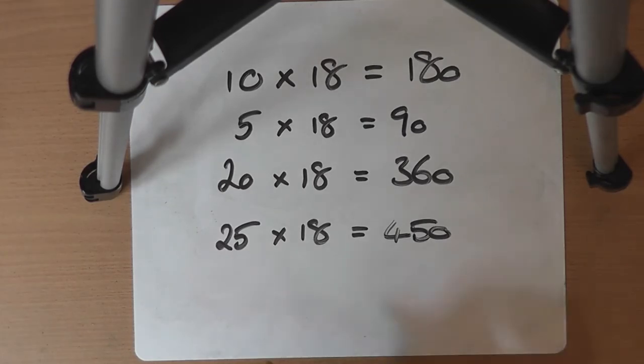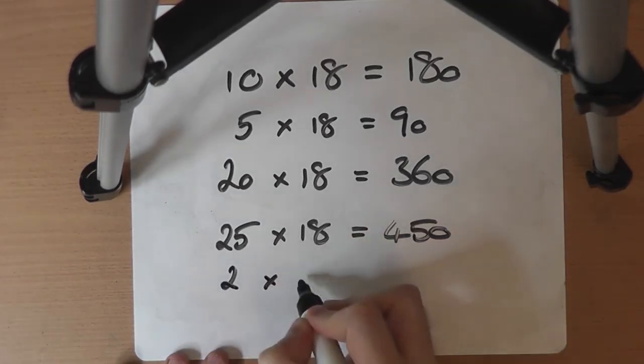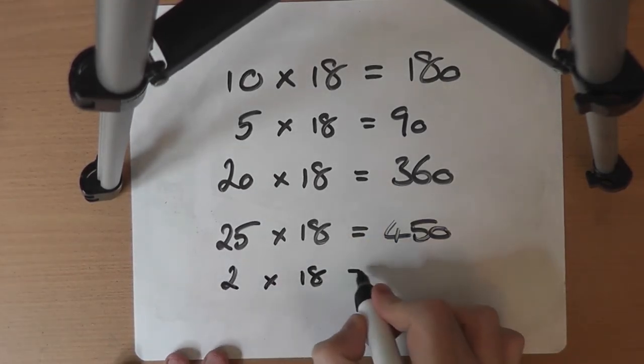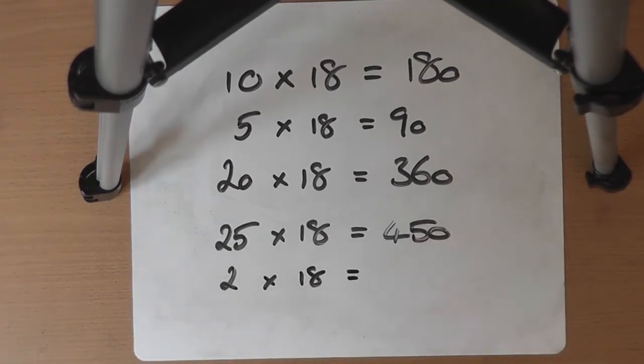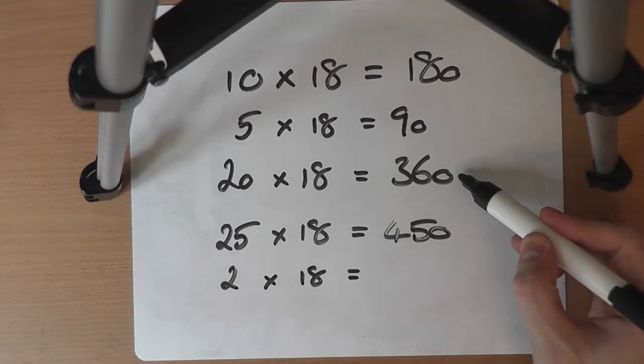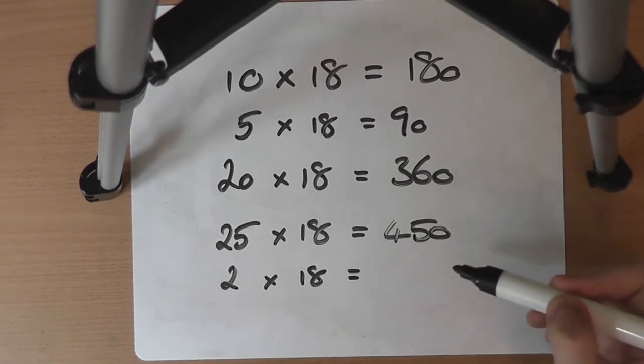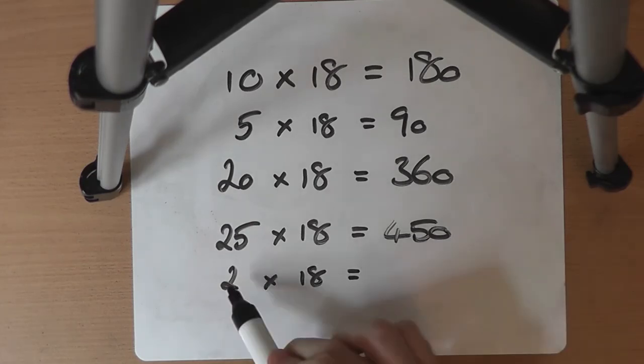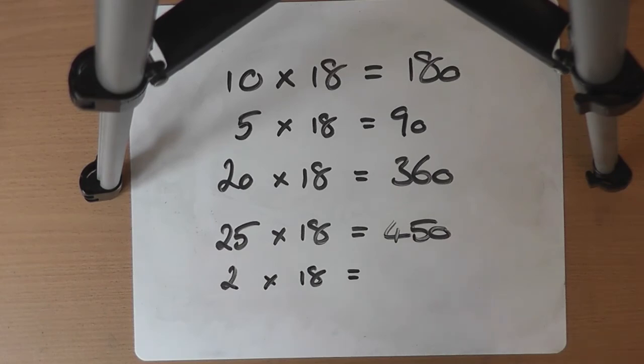If we added another fact, say, something like 2 times 18, well, think about 20 times 18. 20 times 18 is 360. 2 times 18 will be 10 times smaller, because the difference between 2 and 20 is 10 times bigger.